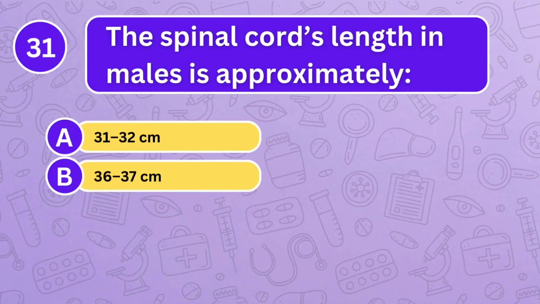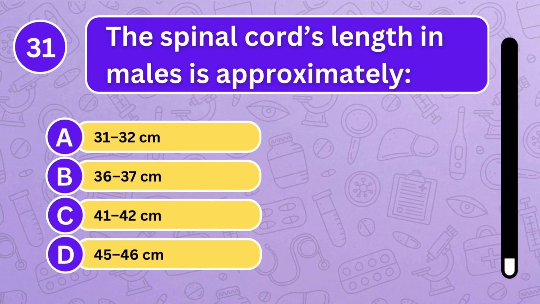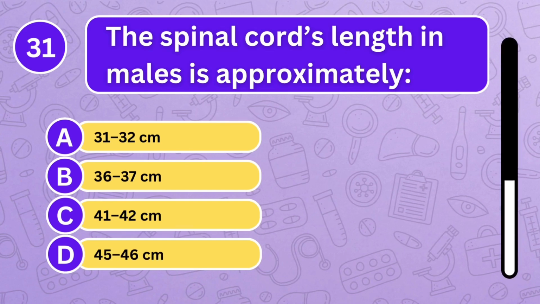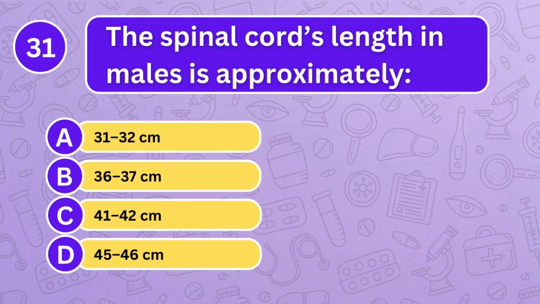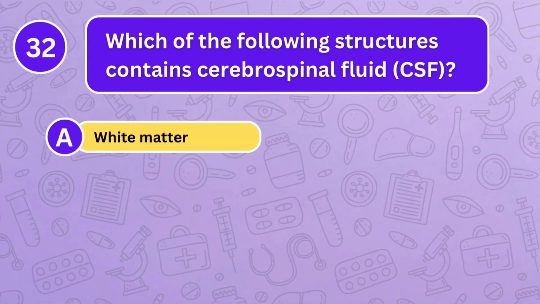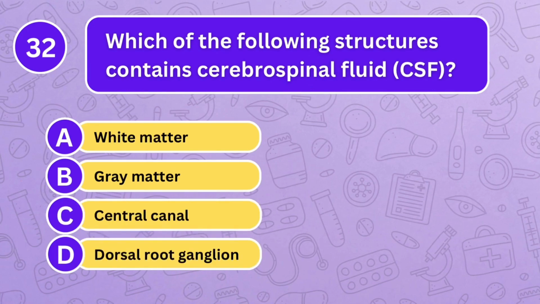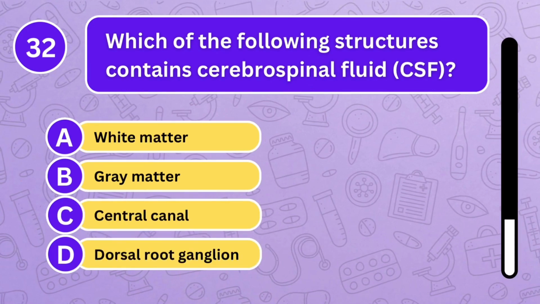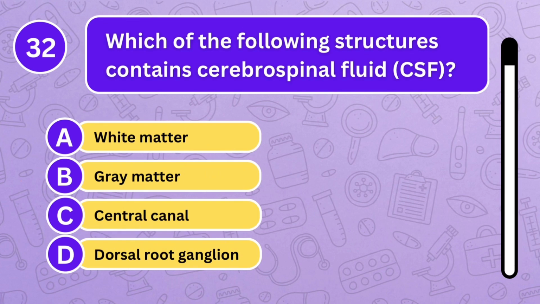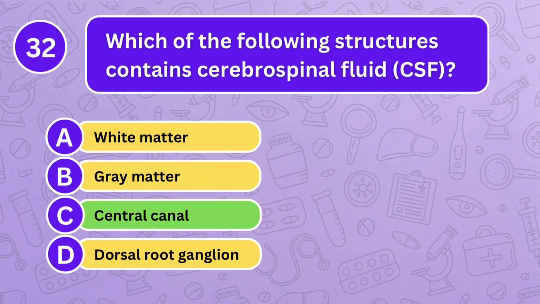The spinal cord's length in males is approximately 41 to 42 centimeters. Which of the following structures contains cerebrospinal fluid? Central canal.